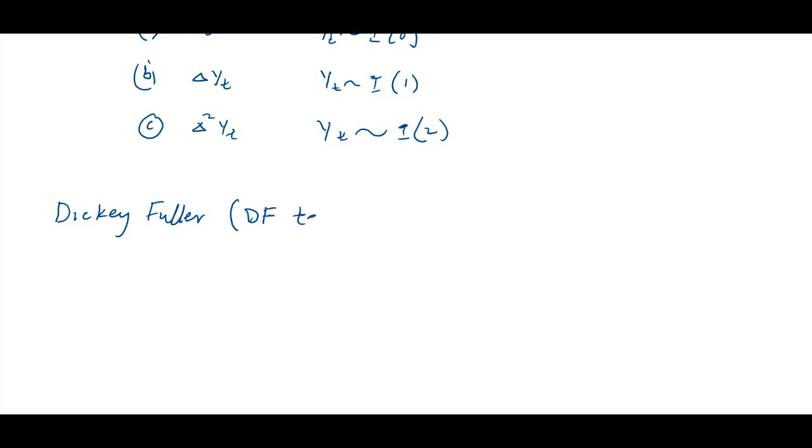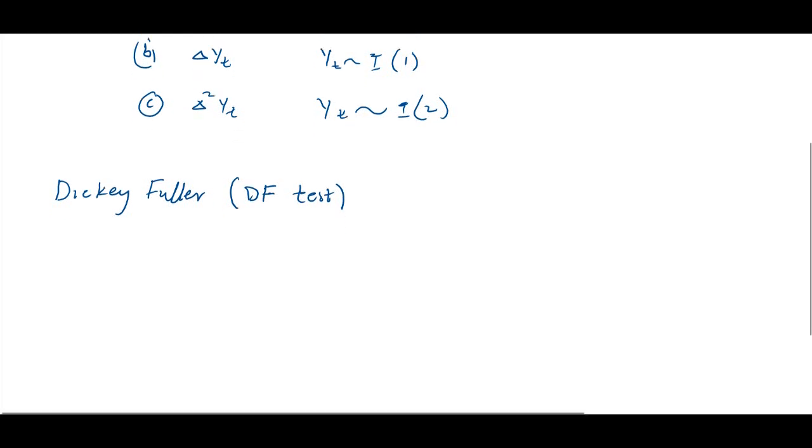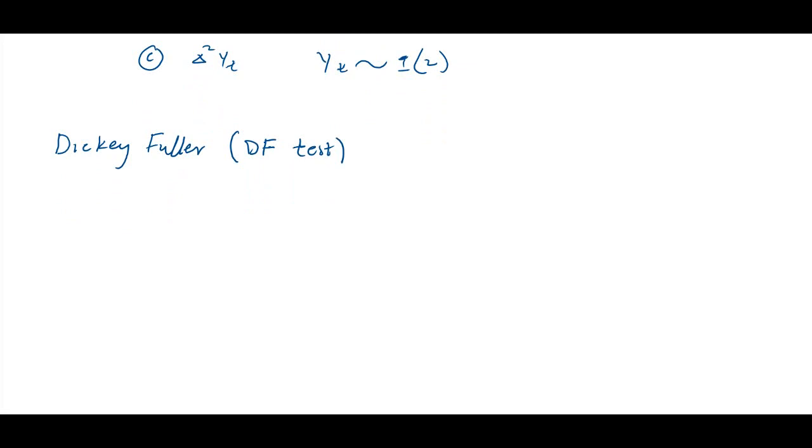So what is the Dickey-Fuller test? It is a test that was devised in 1979. It is a formal procedure to test for non-stationarity. The key insight of their test is that testing for non-stationarity is equivalent to testing for the existence of a unit root. Thus, the obvious test is based on the simple AR1 model, and we can use the AR1 procedure for testing such a unit root.